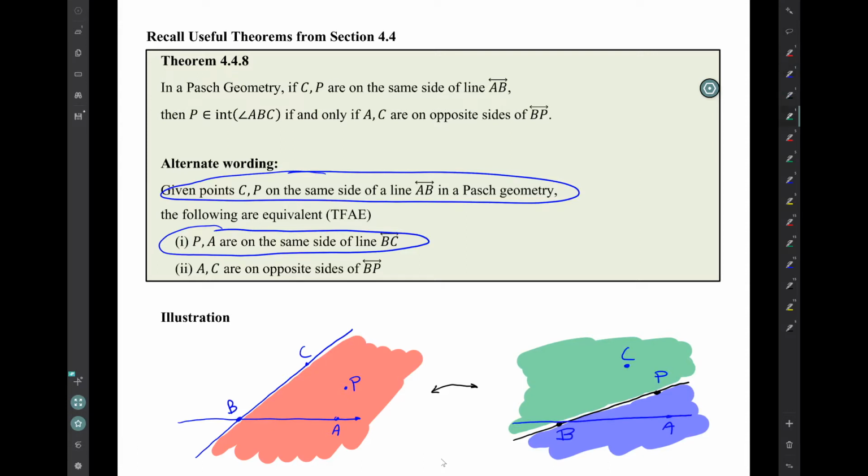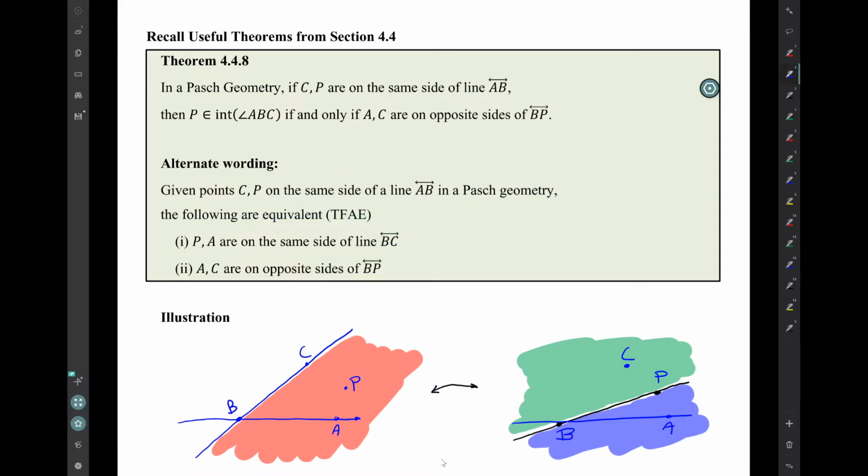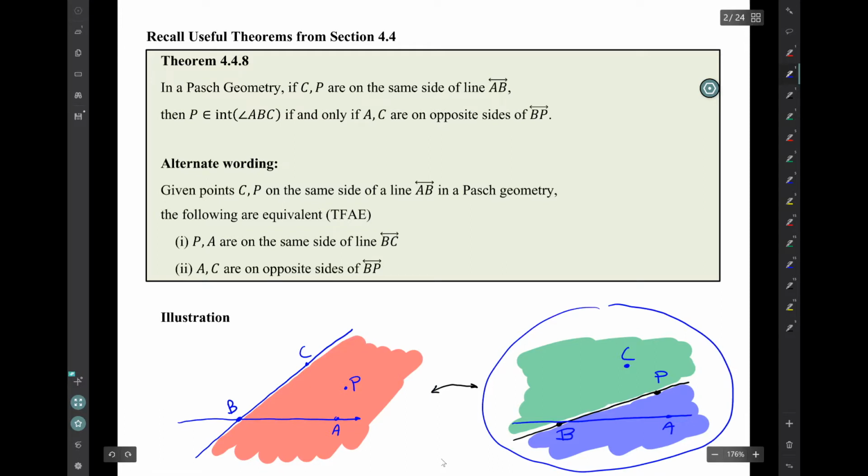All right, so in the left drawing, I've illustrated this statement. P and A are on the same side of line BC. In the right drawing, I've illustrated the second statement. A and C are on opposite sides of line BP.